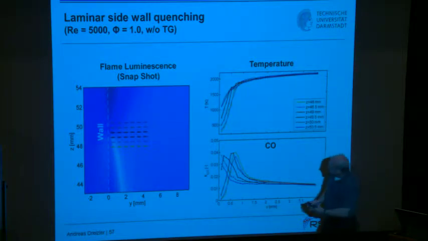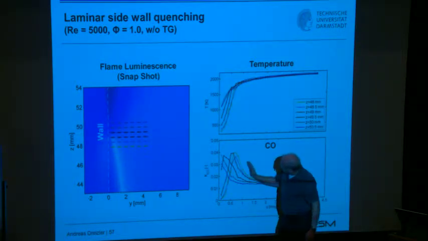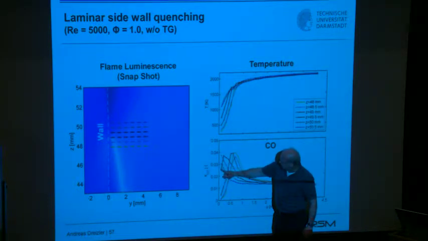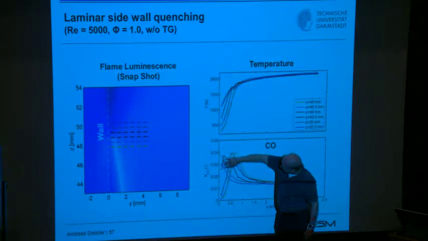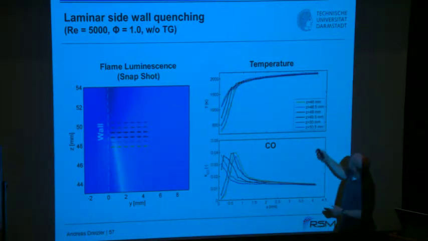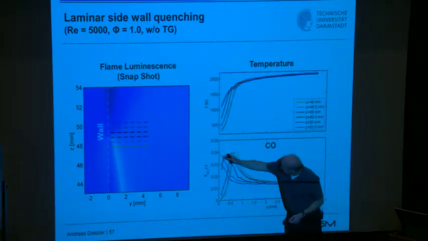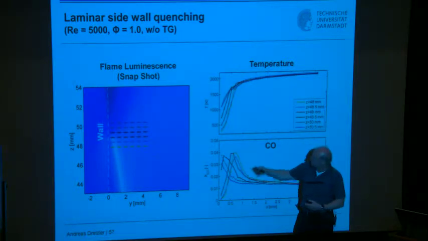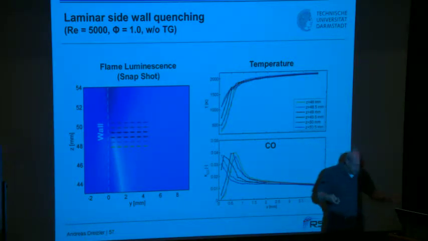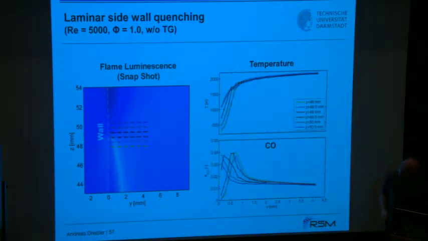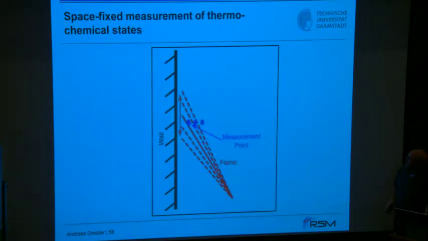Looking at the CO profile, it comes closer and closer. Eventually we are not able anymore to resolve the CO boundary layer, and for the highest position, the purple one, the CO is going down because it is transported away and eventually may still react very slowly to CO2. So that already gives you an idea what's happening.